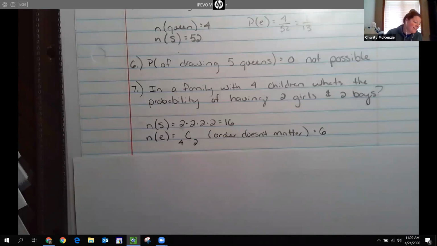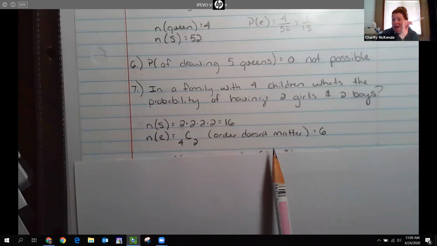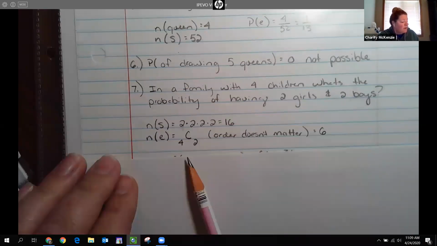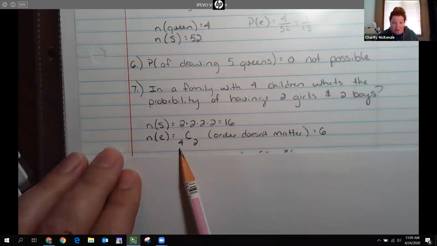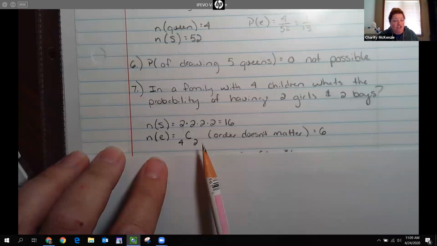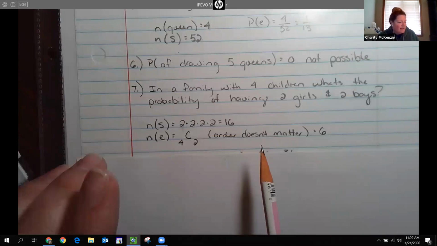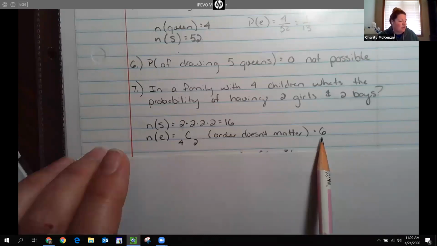And this is asking, and then you could look specifically at your tree and see which branches and count them. Do you have 2 boys and 2 girls? Or you could think there's 4 total, and I want to choose 2 boys or 2 girls. So there's 6 ways to choose 2.